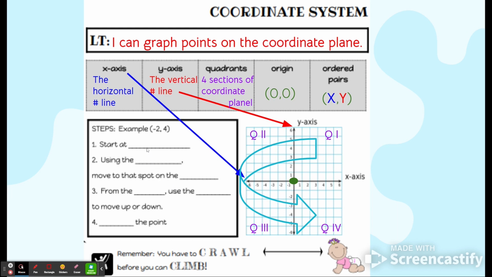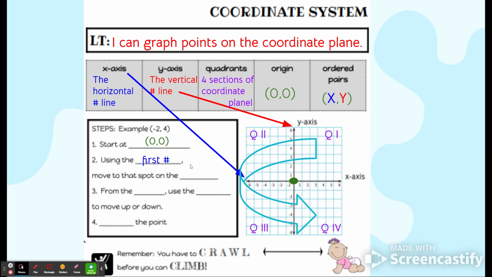So our first step is we're going to start at 0, 0, or the origin. We're going to start right there to find this location. Our second step is we're going to use the first number. So up here it's -2, our first number, which is our x value, right?